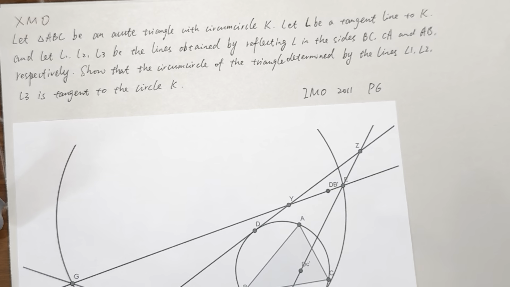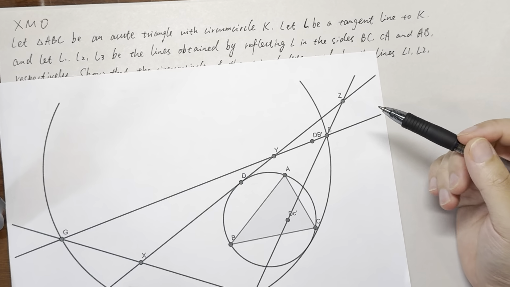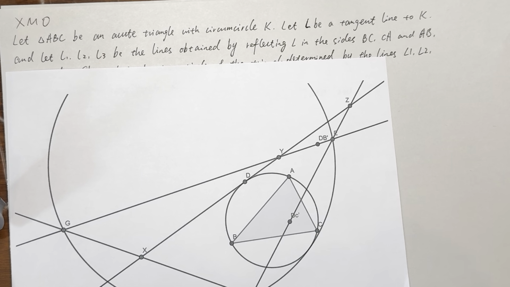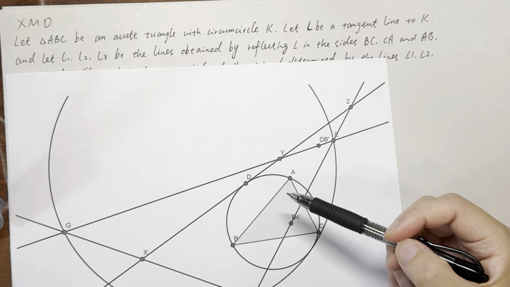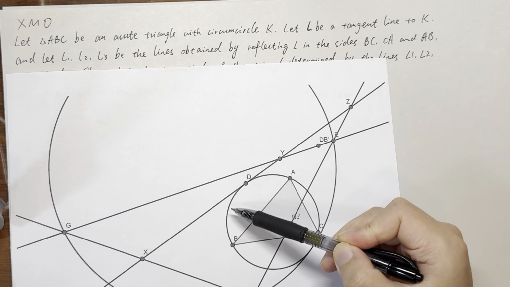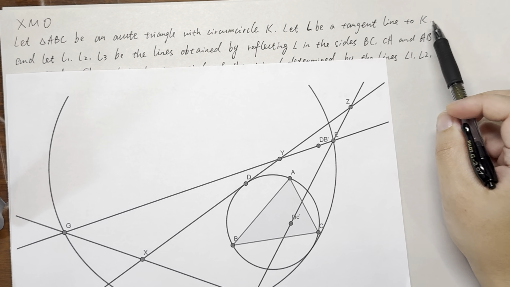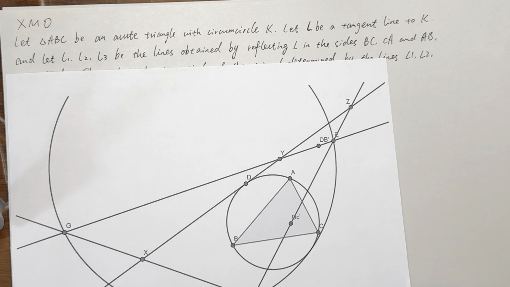Let triangle ABC be an acute triangle, as I show in the figure here. Triangle ABC is an acute triangle with a circumcircle K. This is the circumcircle. Let L be a tangent line to K. So here I just choose a point D and I draw the tangent line XYZ.